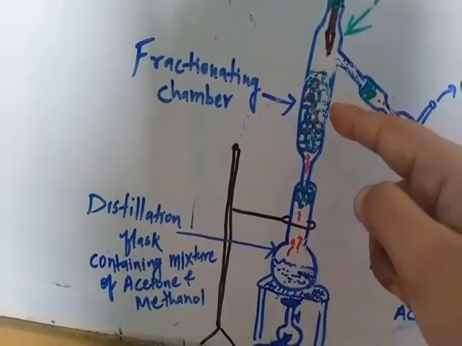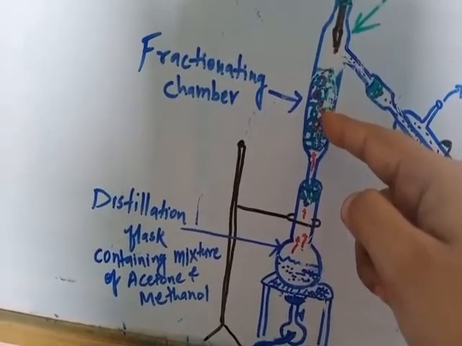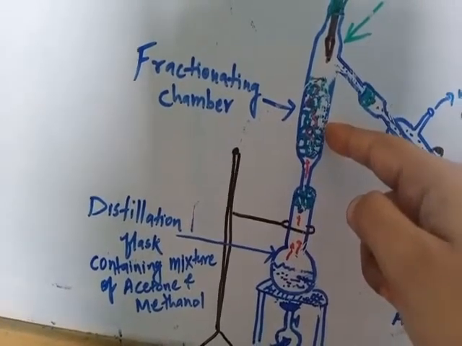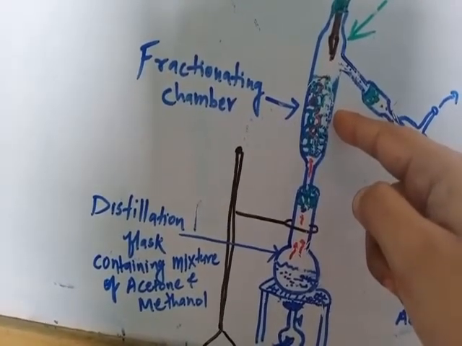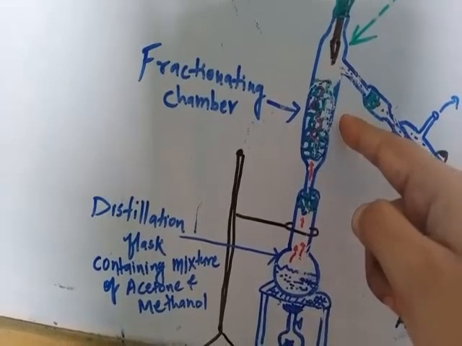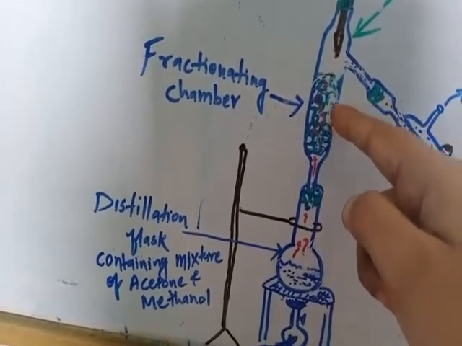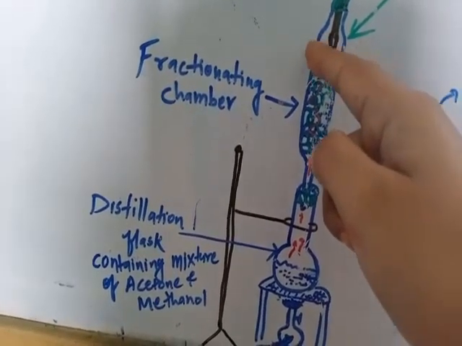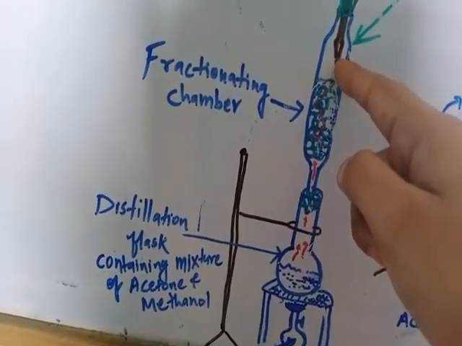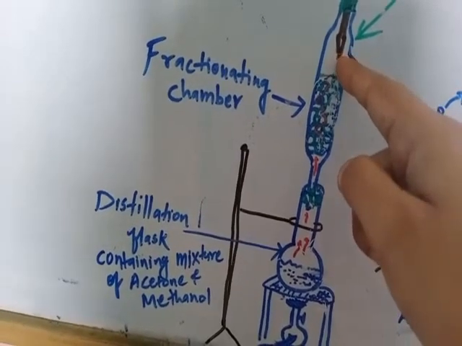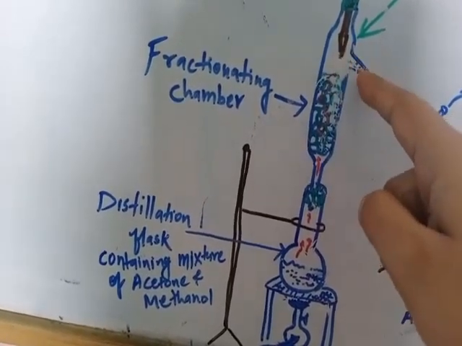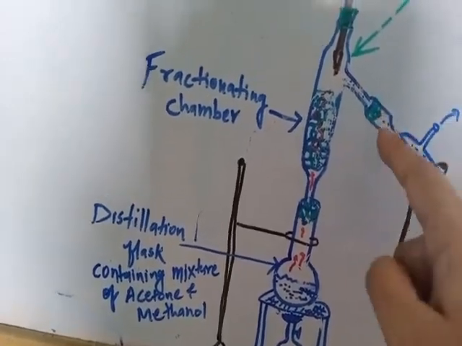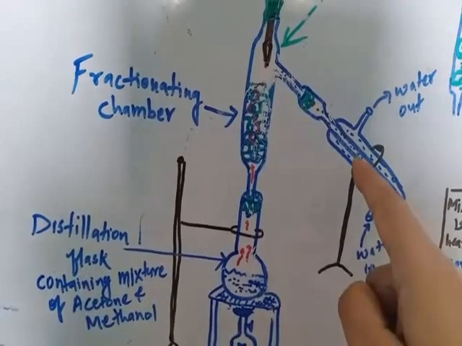So whatever methanol vapors are there, they start cooling down and falling into the reaction mixture. But the vapors of acetone are still passing through this hurdle, because the temperature here is 60 degrees Celsius and the acetone boiling point is 56 degrees Celsius. So acetone is still in vapor state and passes through and rises upward. At this point, when the temperature is 56 degrees Celsius, all the acetone vapors fall into this tube, that is the outlet, and go to the condenser tube.